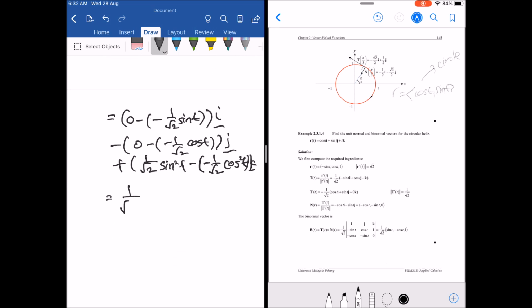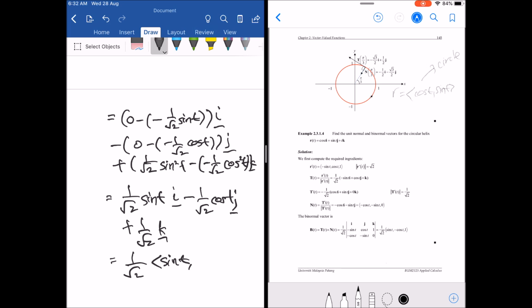So we'll have 1 over square root 2 sin t i minus 1 over square root 2 cos t j plus 1 over square root 2 k. We will have 1 over square root 2 times sin t, negative cos t and 1. So this is the same as our answer here in your module.